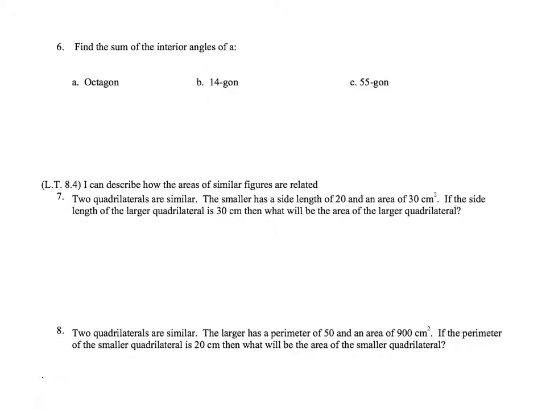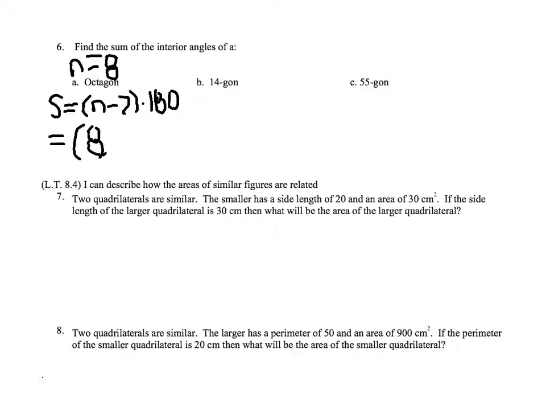Okay, a little bit of a technical difficulty there. I don't know if this is going to show up all the way, but what I had here was that the sum is equal to (n minus 2) times 180, and n is the number of sides. In an octagon, n is equal to 8. Okay, so we're going to do 8 minus 2 times 180.